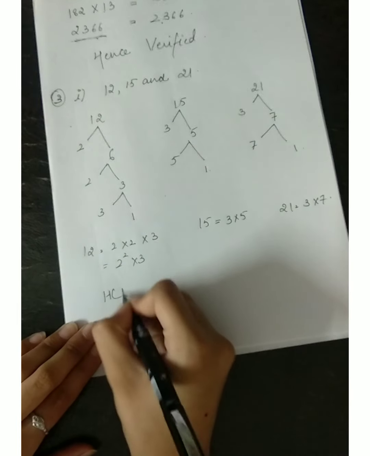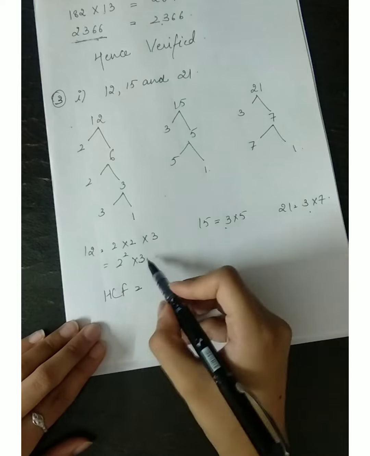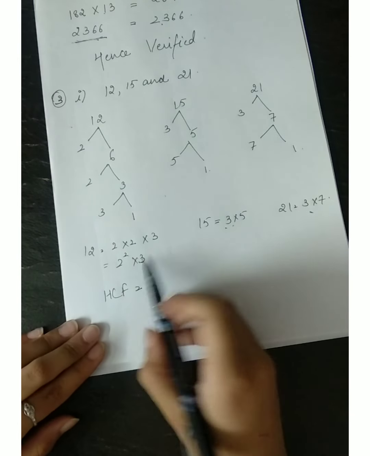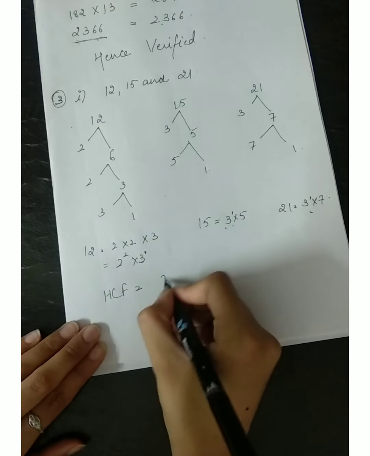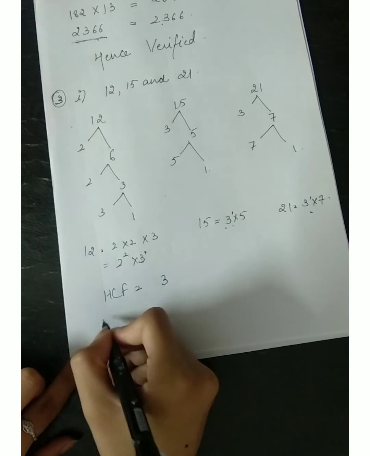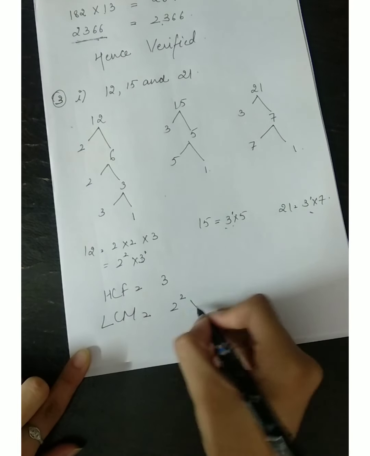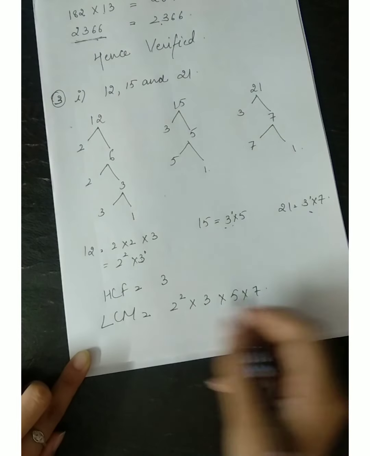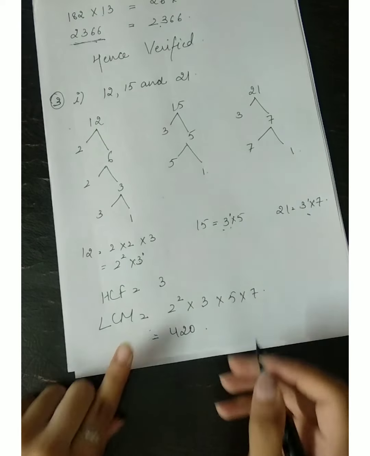Our HCF is 3 because it is common in every prime factorization and it is with the smallest power, that is 1. So our HCF is 3 and our LCM is 2 square multiplied by 3 multiplied by 5 multiplied by 7. So our LCM is equal to 420.